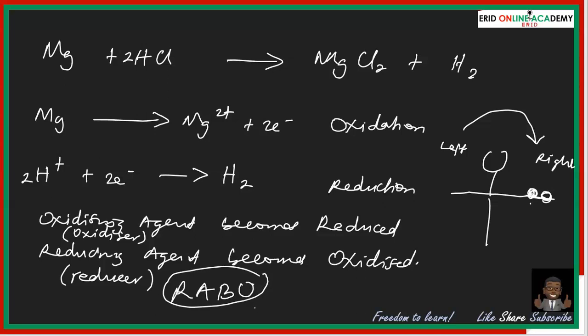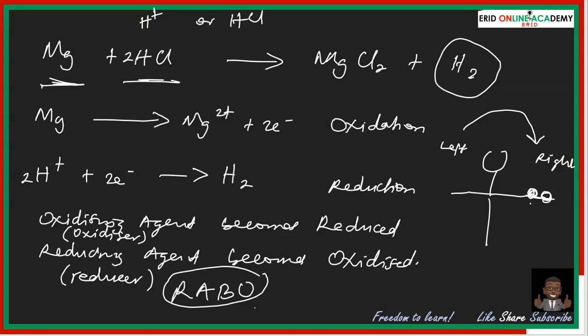Okay, so now let's apply this knowledge to this. Between magnesium and these two reactants, which is your oxidizing agent? Hydrochloric acid, or you say hydrogen ion, because hydrogen is a product, not a reactant.